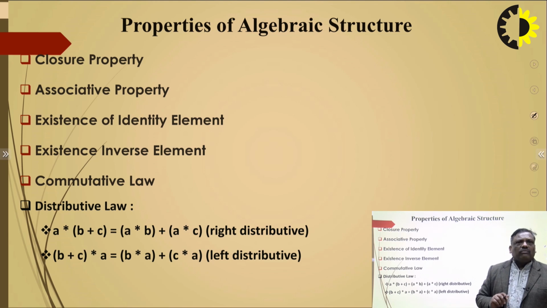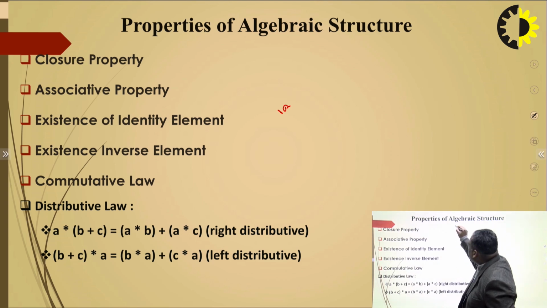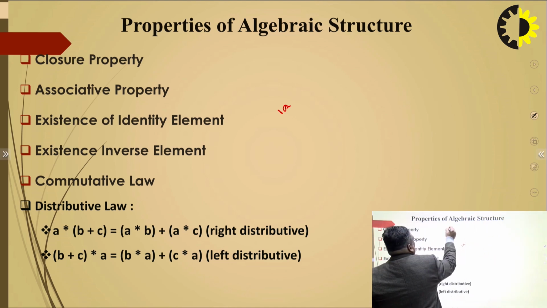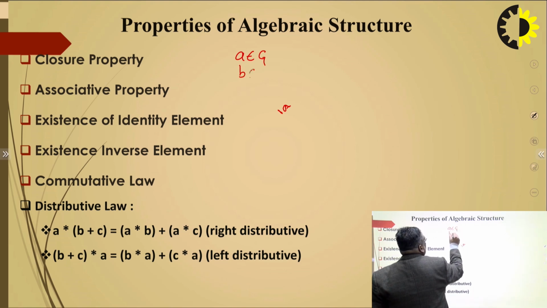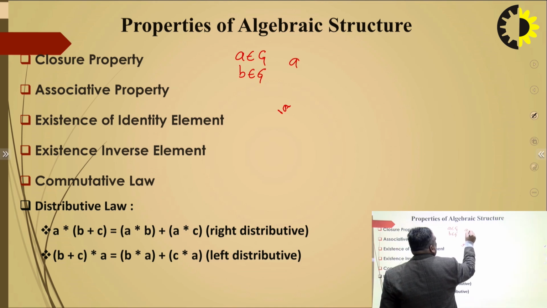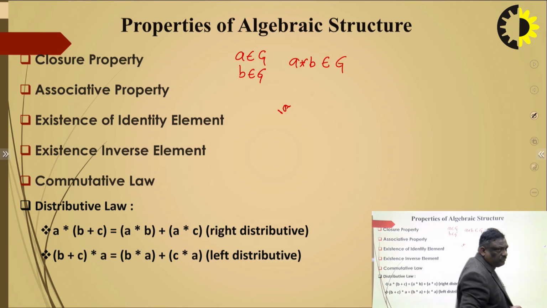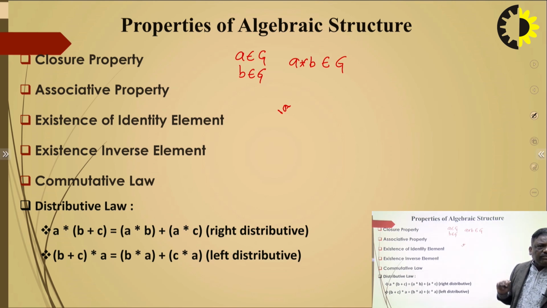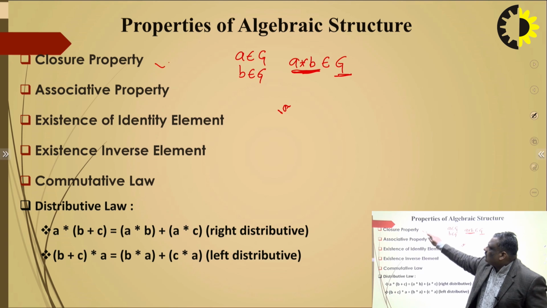As for closure property, suppose A is an element of G and B is an element of G also, then A binary operation B is also in G. That means this element is in the same set, and this is known as closure property.